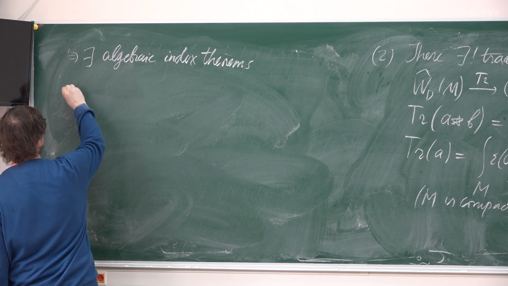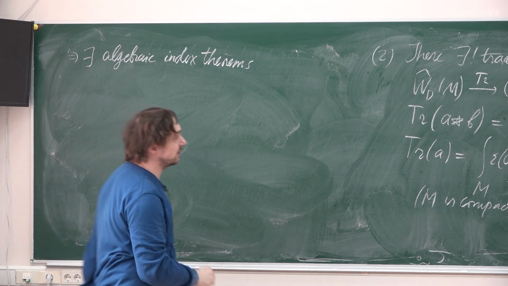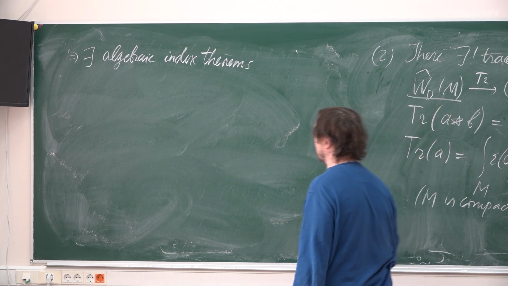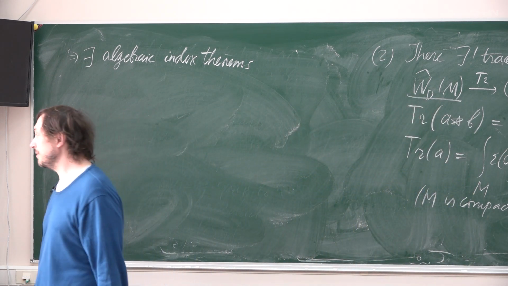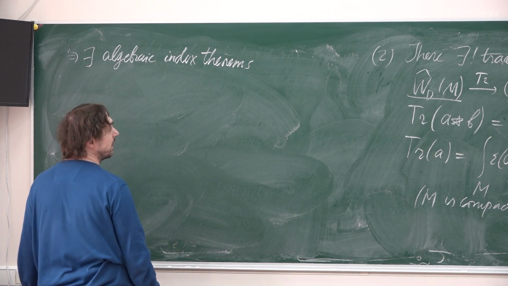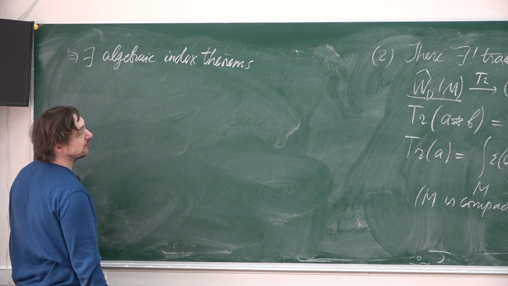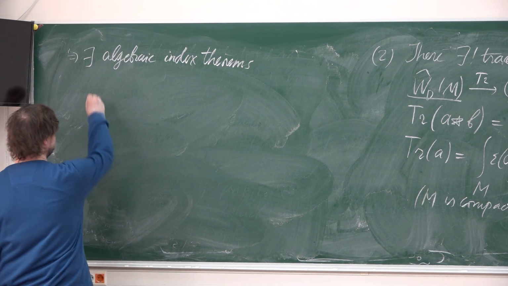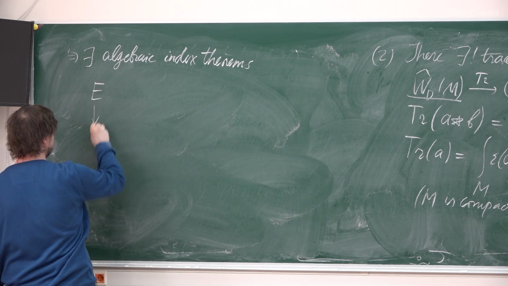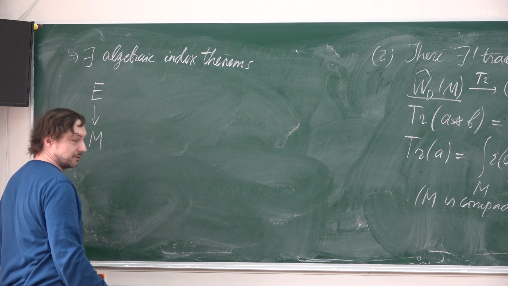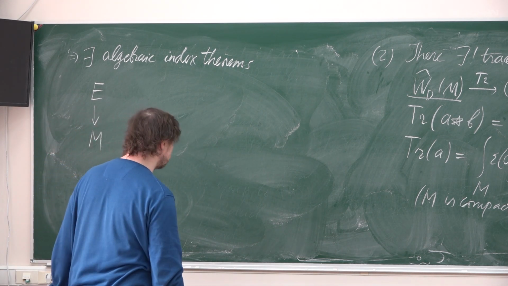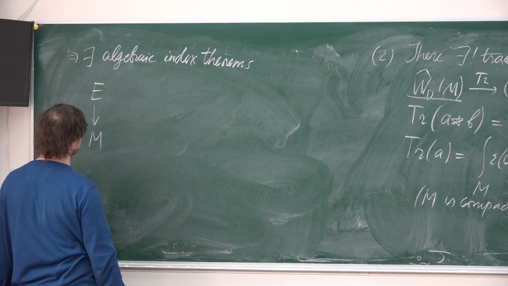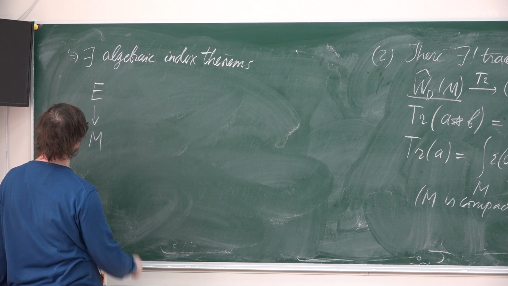First of all, instead of considering just the space of flat sections and just the Weyl algebra bundles, we can introduce this Weyl algebra bundle with coefficients in a certain vector bundle. So if you have a vector bundle E over a symplectic manifold M, for instance, you can do the following thing.